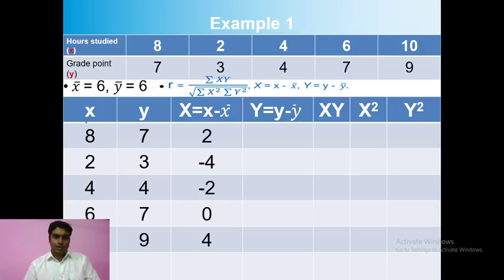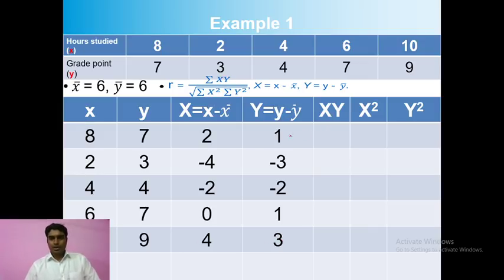Then 2 minus 6 is minus 4. 4 minus 6 is minus 2. 6 minus 6 is 0. Then 10 minus 6 is 4. Now capital Y is y minus y bar. y is 7, 7 minus 6 is 1. Then 3 minus 6 is minus 3. 4 minus 6 is minus 2. 7 minus 6 is 1. 9 minus 6 is 3.